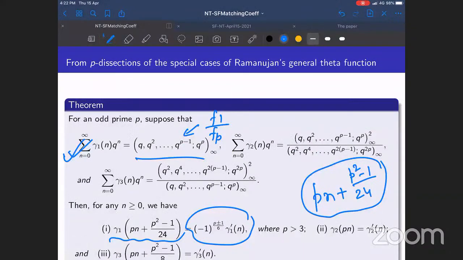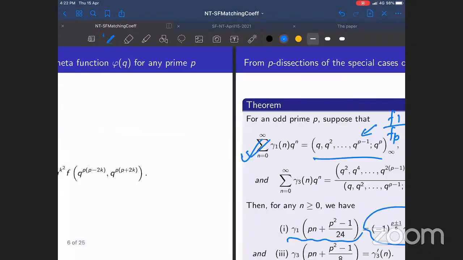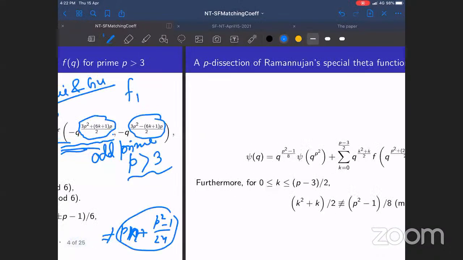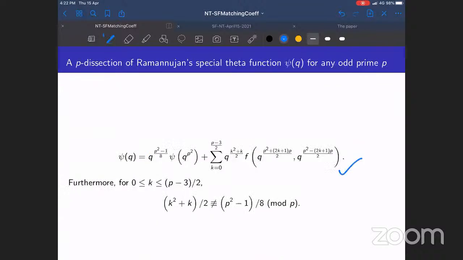Similarly, we take the second product, the p dissection of psi q, where for psi q we have f2 square by f1. So in q product, I can write like this, f2 square by f1.